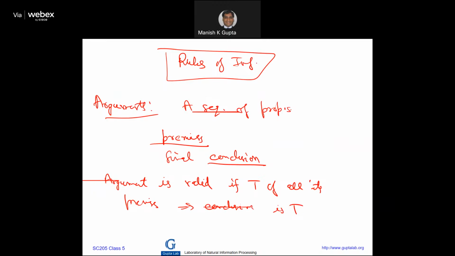So there are a bunch of sequential propositions, the final proposition is known as the conclusion, and all other propositions in the sequence are known as premises. If the truth of all its premises implies that the conclusion is true, then we say that the argument is a valid argument. So an argument is nothing but a sequence of propositions: proposition 1, proposition 2, and so on. All the previous ones are known as premises. If all of them are true and that implies the conclusion is true, then we say that the argument is valid.